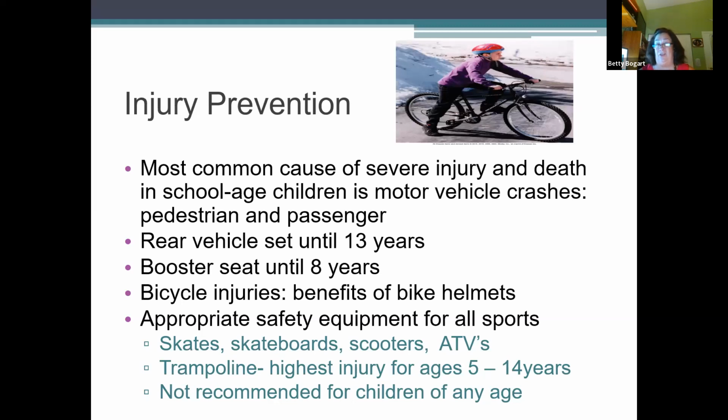Booster seats till 8 years old. Bicycle helmets should be worn even around the neighborhood. In fact, that's probably where you're riding the most, so absolutely in a neighborhood. When they came out with those little scooters, those hoverboards where you just put your feet up and down and didn't need anything to hold on, the first Christmas they came out, I saw two boys, 11 or 12-ish, who both had bilateral fractured radial ulnas on both arms because they put their hands out.